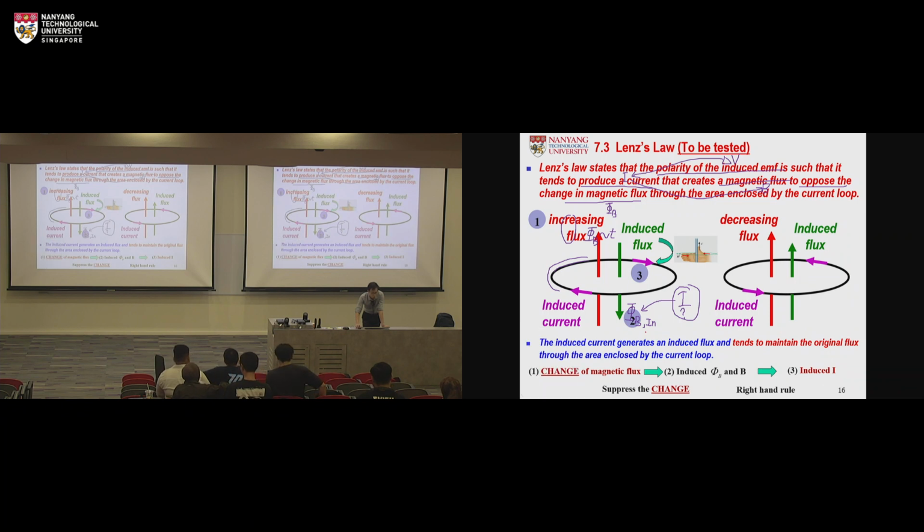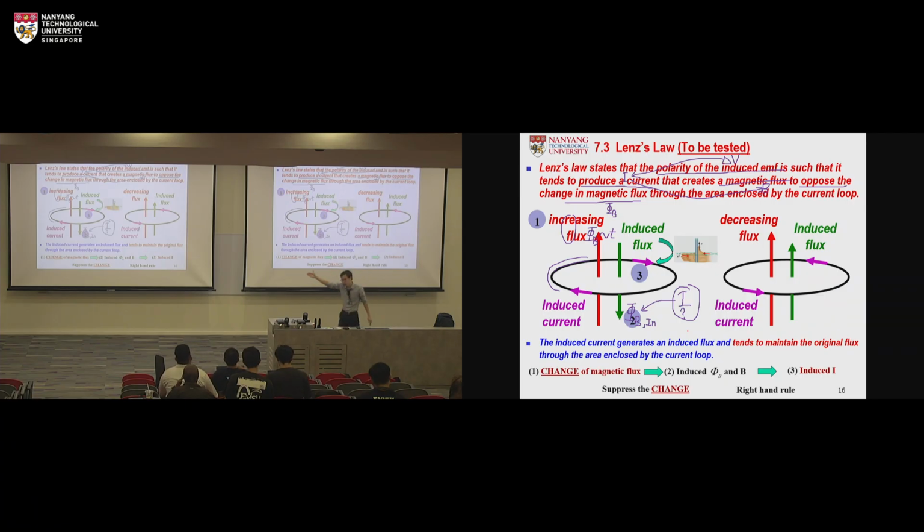So now it becomes a question of determine the direction of B from I, right? Yeah, that is how you do it. And in this case, B is already confirmed.